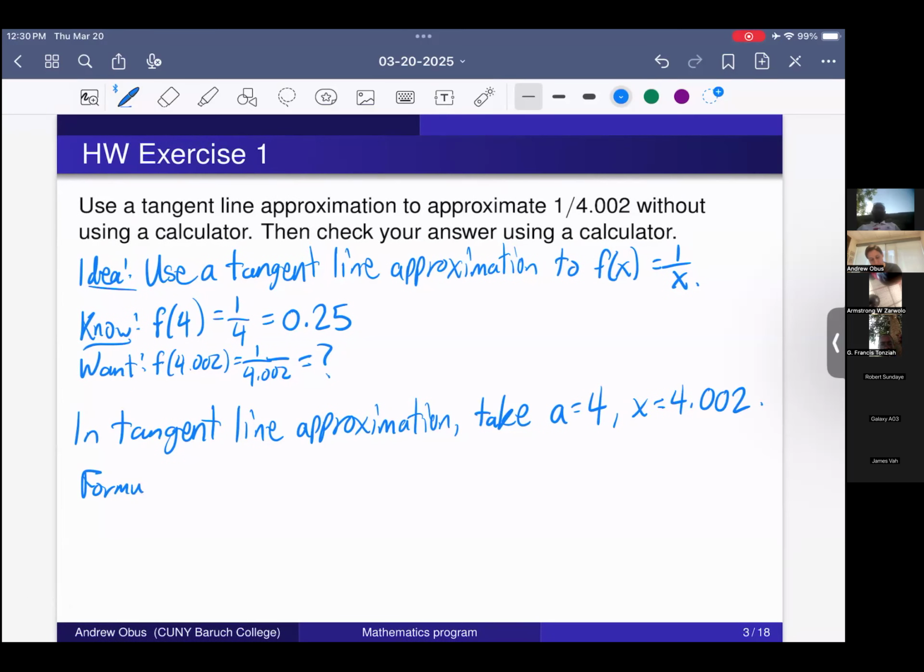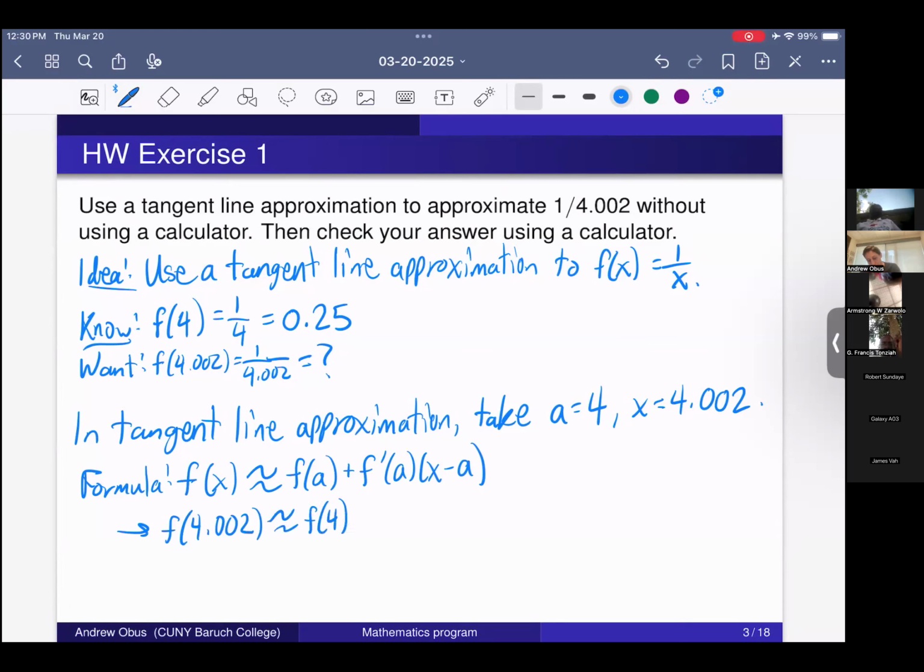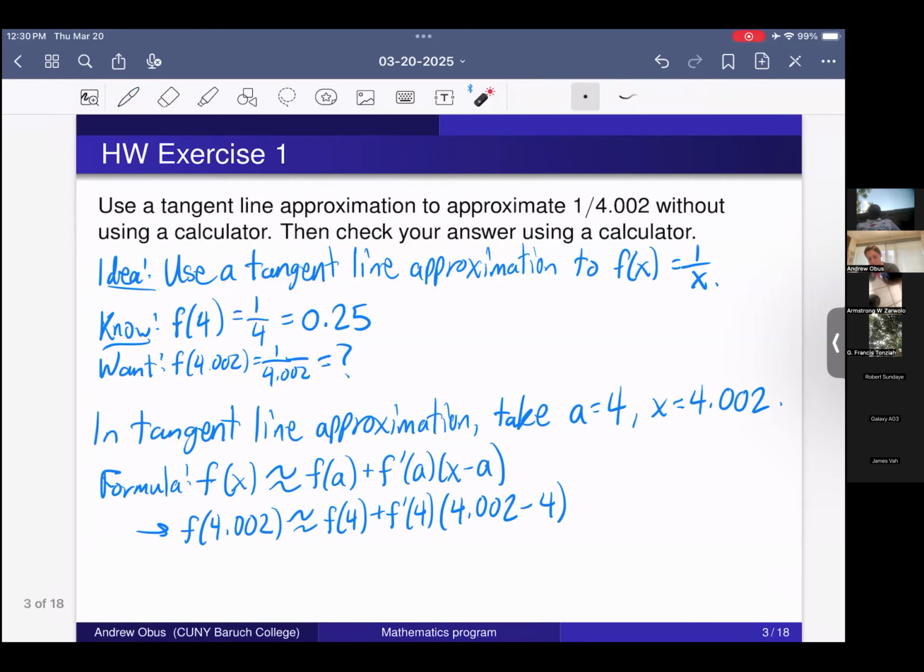The formula says that f of x is approximately equal to f of a plus f prime of a times x minus a. Let's punch in our values. That says f of 4.002 is approximately equal to f of 4 plus f prime of 4 times 4.002 minus 4. I just plugged in x and a every time that they appear.